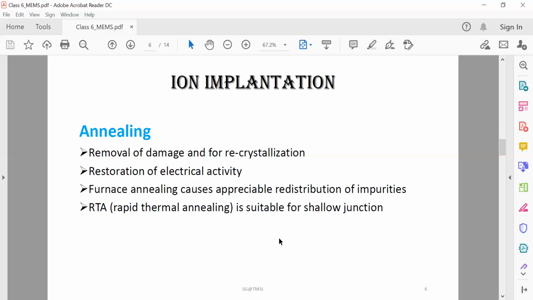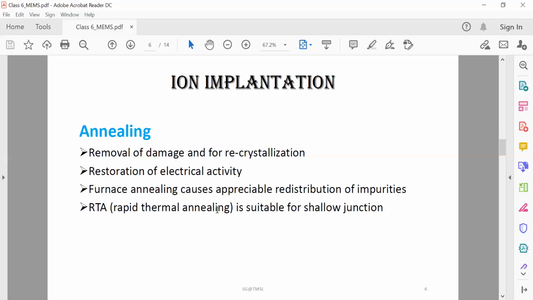Restoration of electrical activity, because some mu, sigma, etc., all will be restored after annealing. Then furnace annealing causes appreciable redistribution of impurity, so people prefer RTA, which is called rapid thermal annealing, and it is suitable for shallow junction.